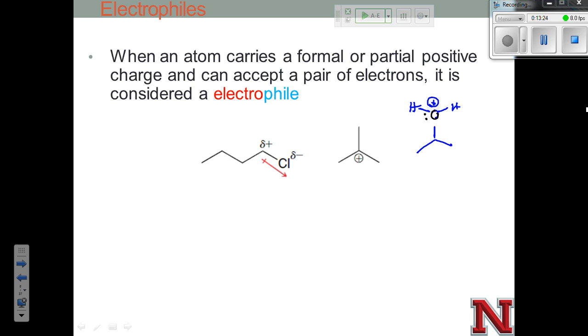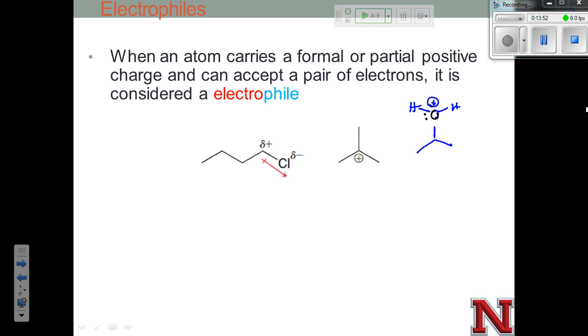We can't attack that oxygen. Because that oxygen, even though it has a positive charge, already has 1, 2, 3, 4, 5, 6, 7, 8 electrons. So for the oxygen to accept electrons, it has to break the bond. But the only things that could break is this sigma bond, this one, or this one, and none of those are good leaving groups. So even though this whole molecule is an electrophile, the place where we're going to attack is the partial positive carbon.